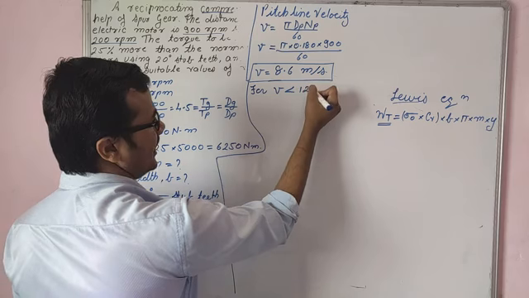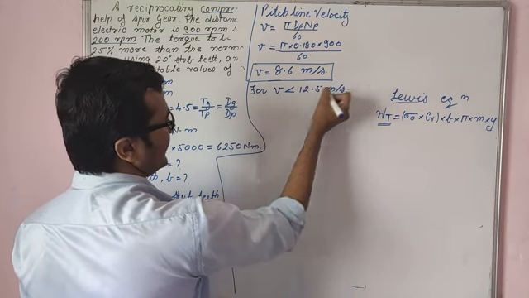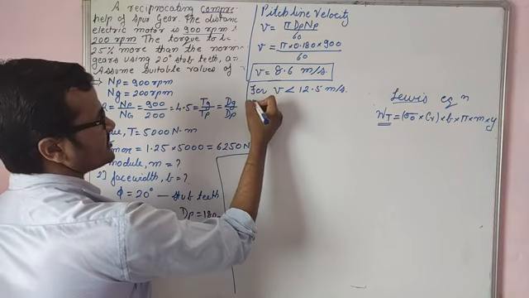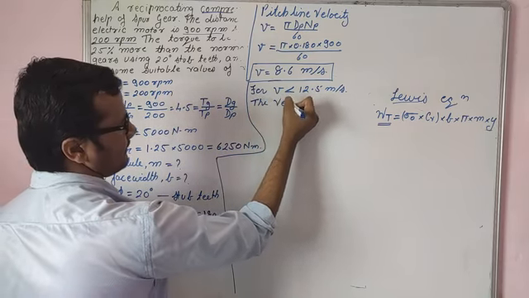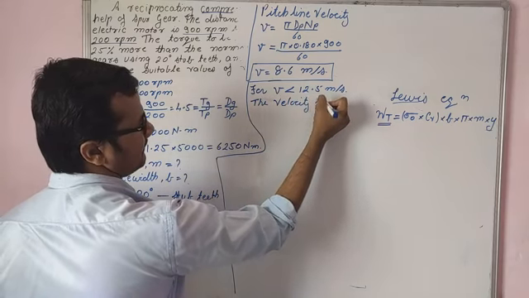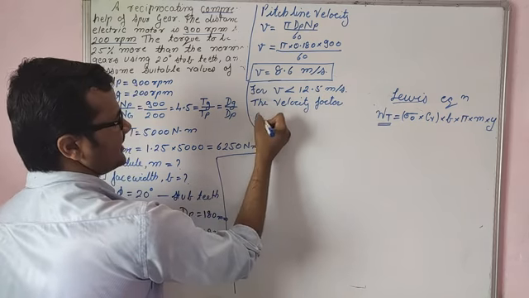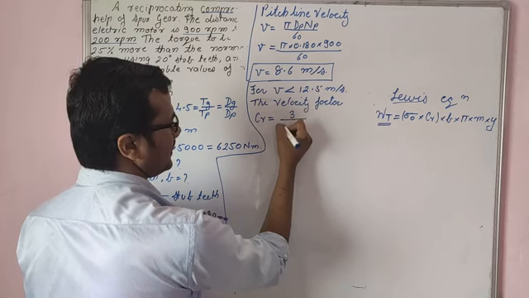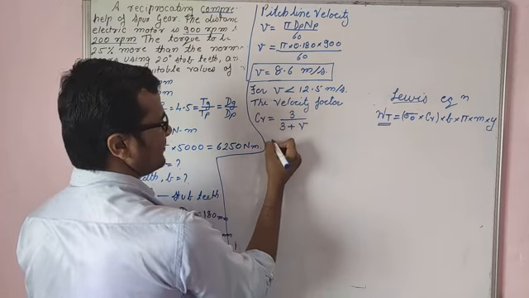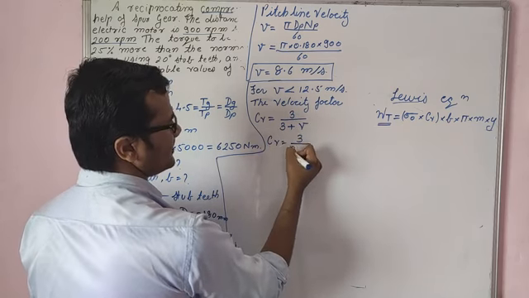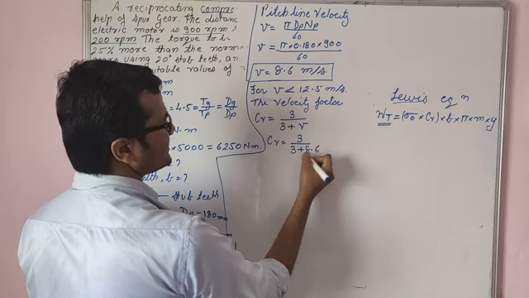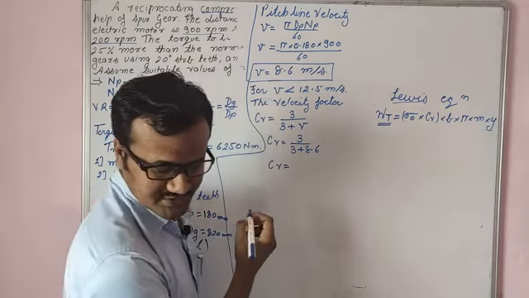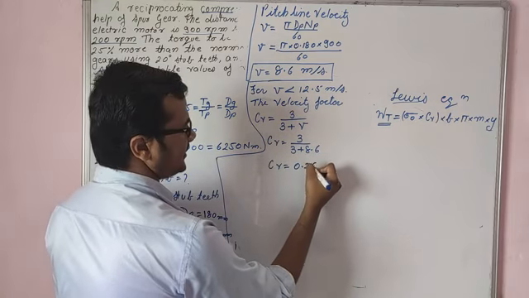For velocity less than 12.5 meter per second, the value of CV, that is the velocity factor, has the expression 3 upon 3 plus V. So when we solve for CV equals 3 upon 3 plus linear velocity 8.6, we get the final value CV equals 0.26.